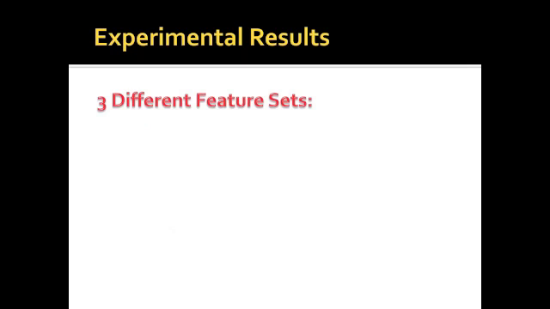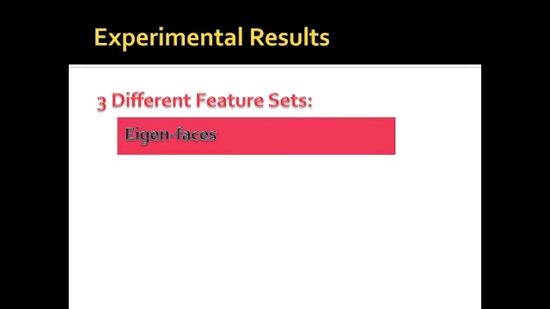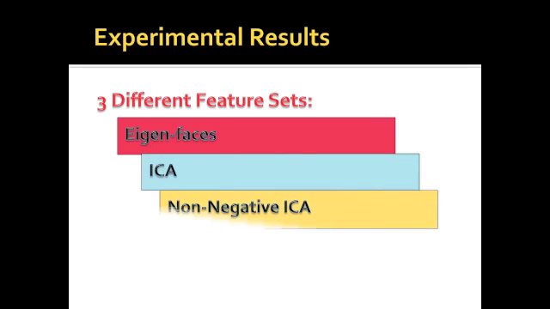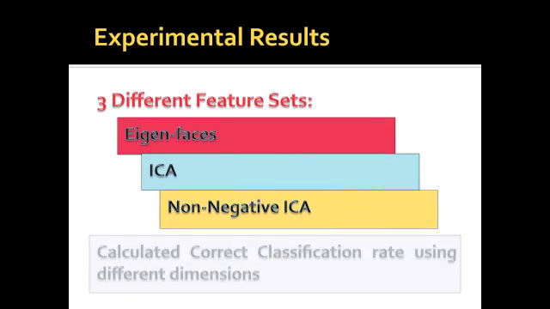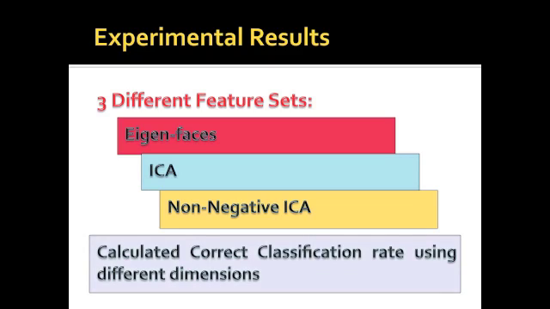So this is a 40 class problem. I used 3 different feature sets, the three feature sets that I introduced 2 minutes ago: Eigenfaces, ICA, and non-negative ICA. Then I calculated the correct classification rate using different dimensions.